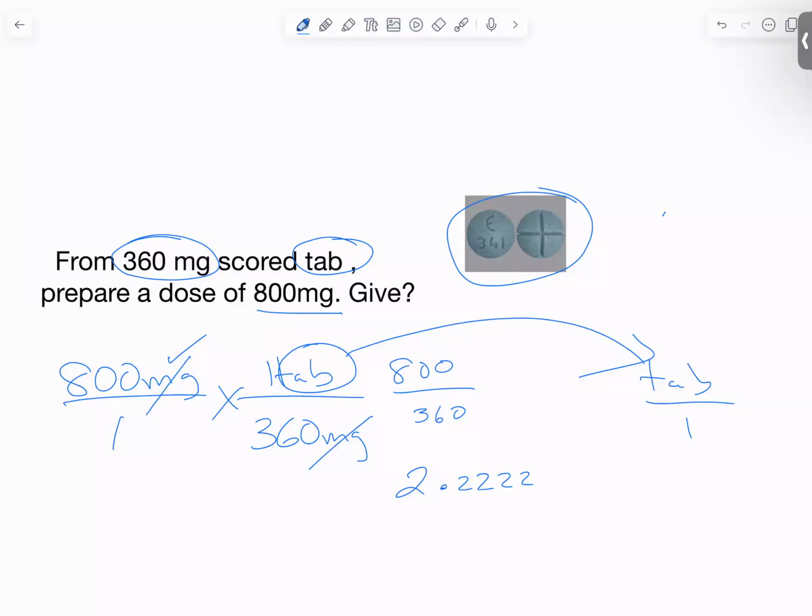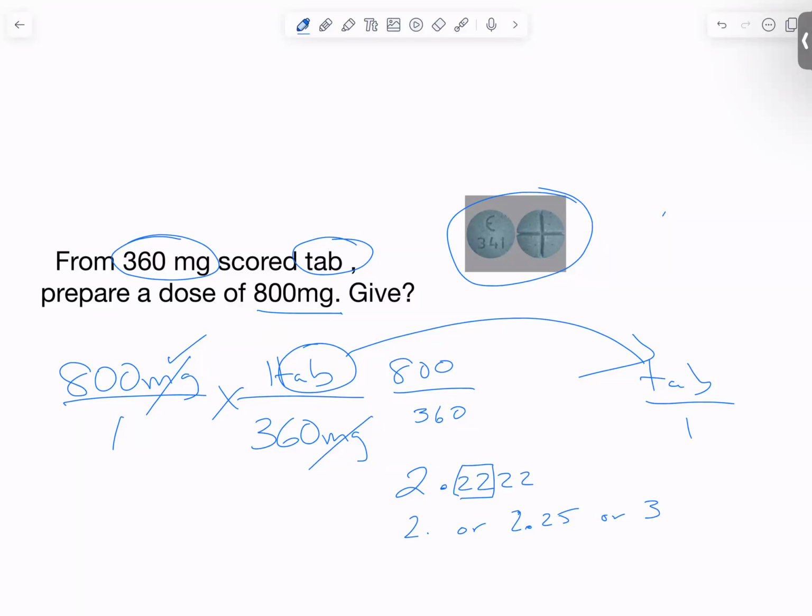2.22222. All right, so now you have a decision to make. I can split this into quarters. So is 2.22 closer to 2, or 2.25, or 3? See what I'm saying?